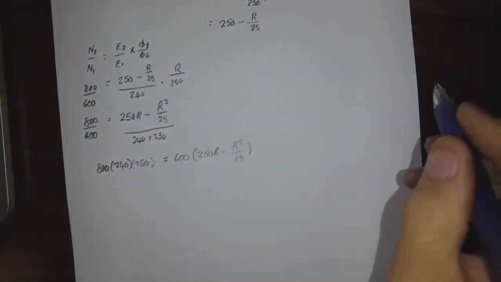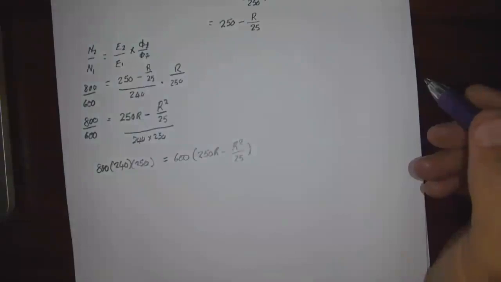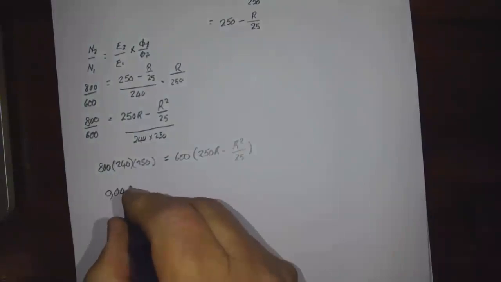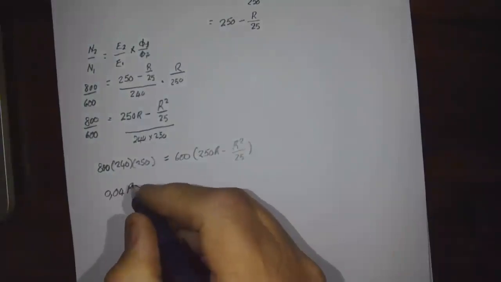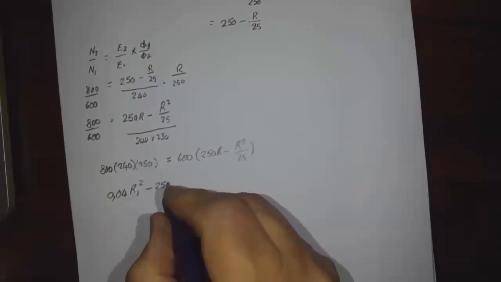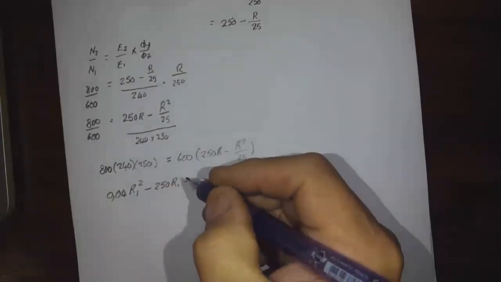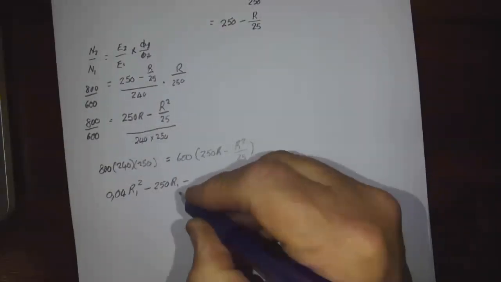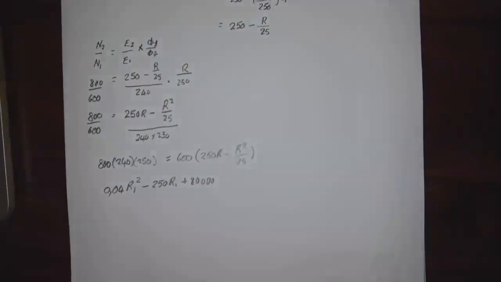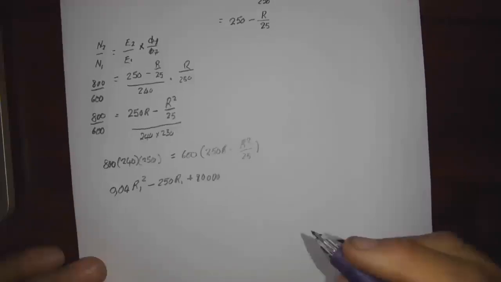Now I'm sure if you multiply that out and you divide, you get to the equation 0.04 R squared minus 250R plus 80,000. All right, now we've got to the equation, and you remember to solve that.